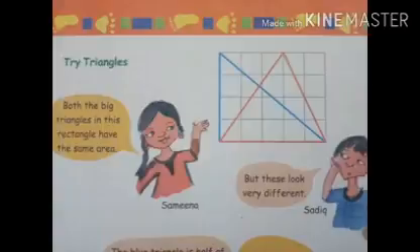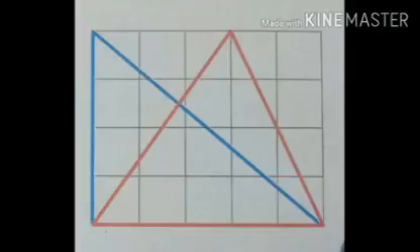Samina says that both the triangles that you see in this figure have same area, but to Sadik they look different. Now Sadik has to find the area of these two triangles and check out whether they are same in area or not. Look at the blue triangle.